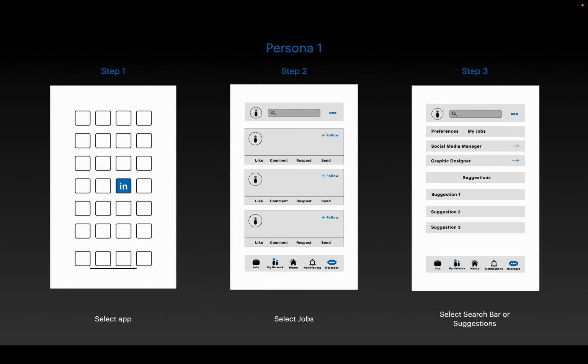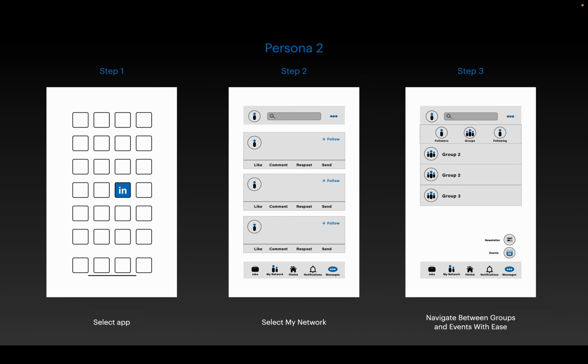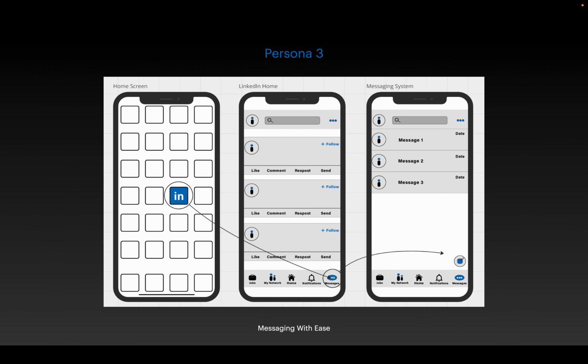Moving on to some of our paper prototypes, we have some simple layout design here, where I created some of the icons and just a simple layout for each persona to get started.